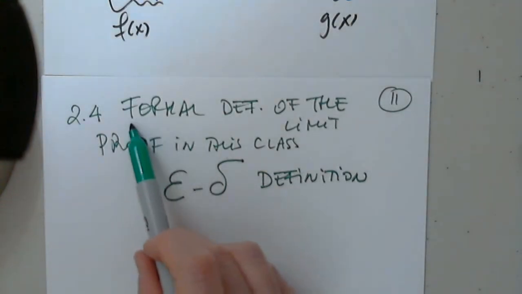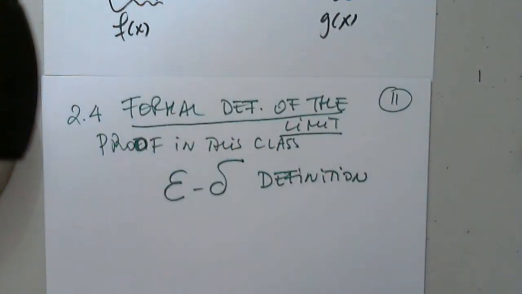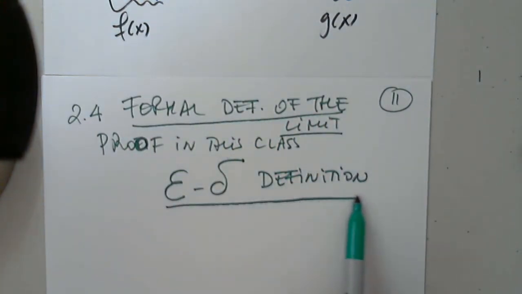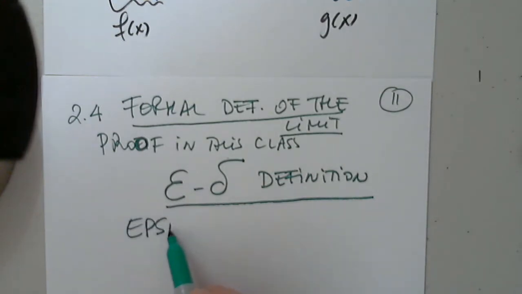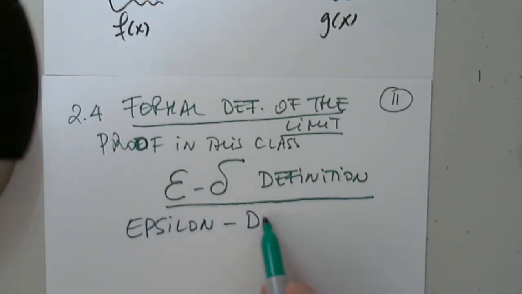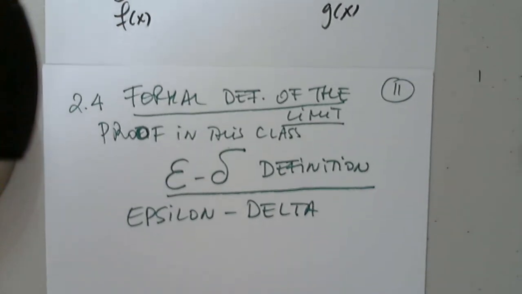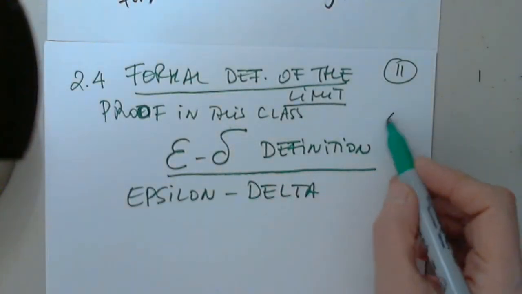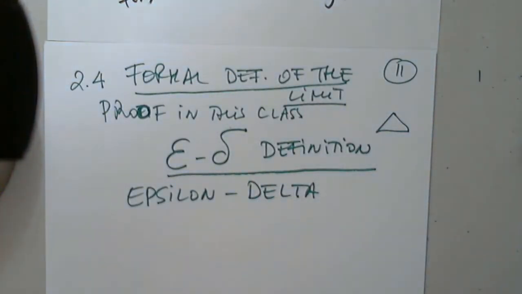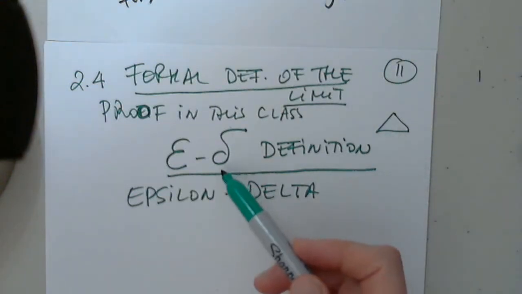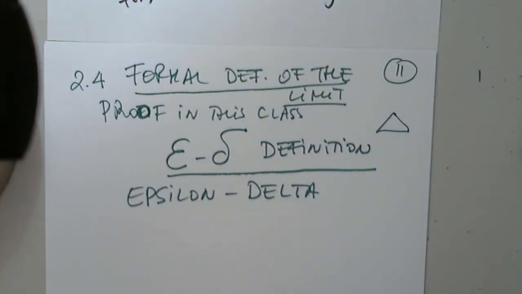So you either call it the formal definition of the limit, or you call it the epsilon delta. There is a small delta and there is a big delta. Okay, uppercase, lowercase. These are Greek letters. So epsilon delta definition of the limit.